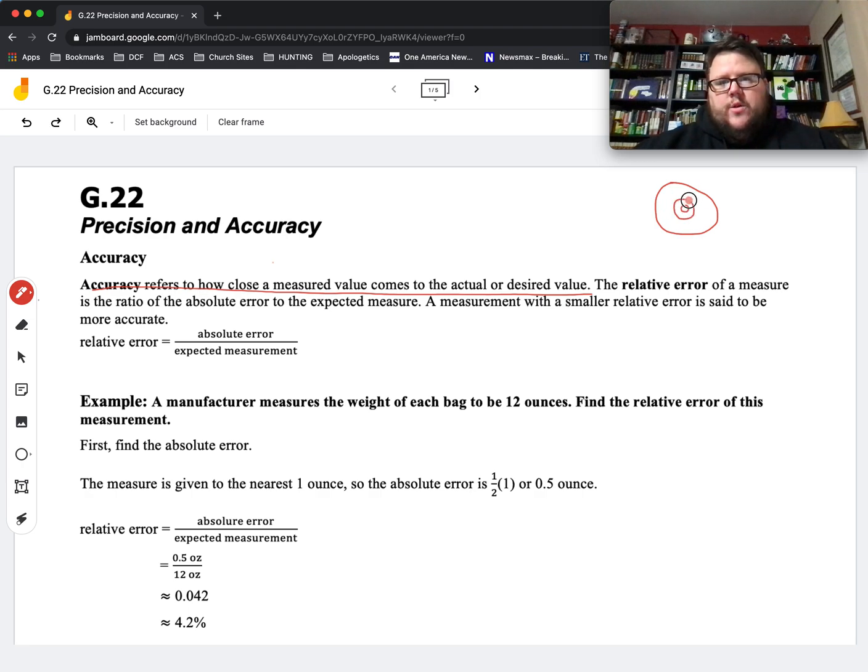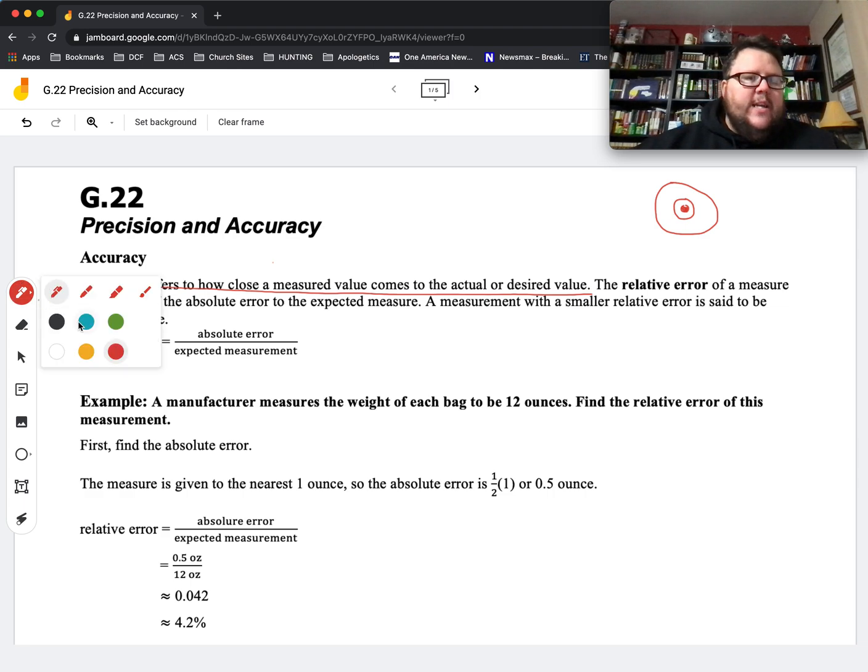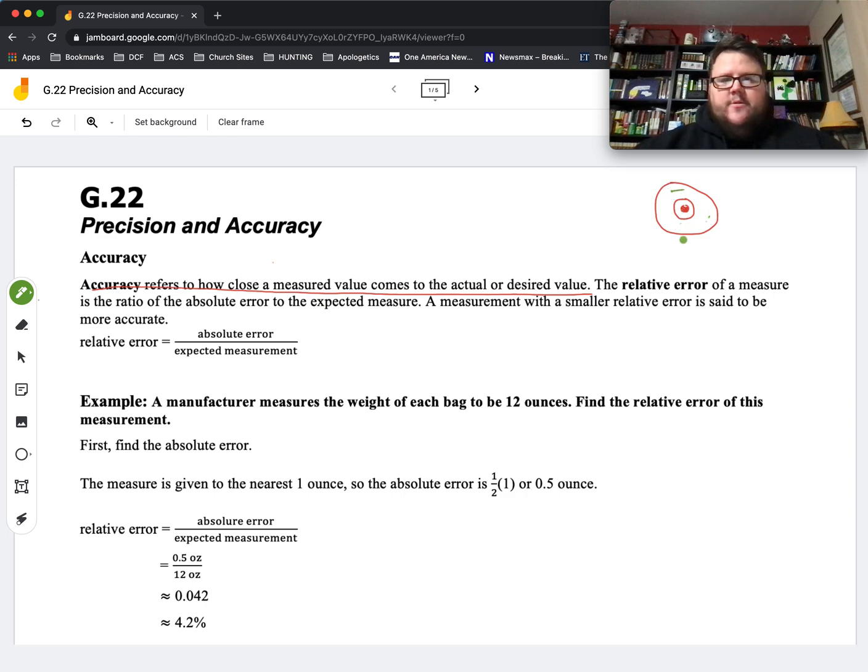If I was shooting darts at this board and I hit a dart here, and a dart here, and a dart here, so you can see them, they would not be considered very accurate. If you notice, they're all spread out.